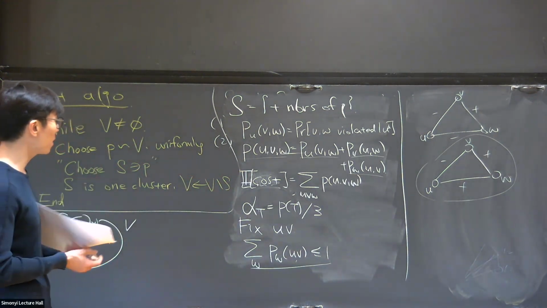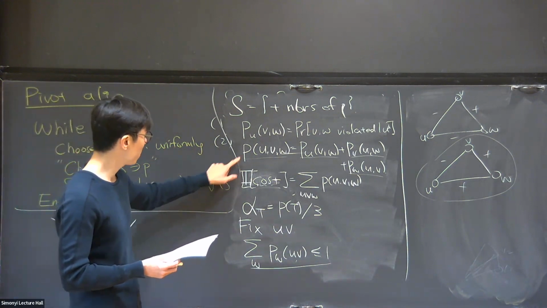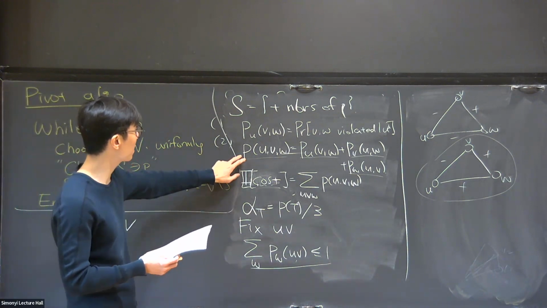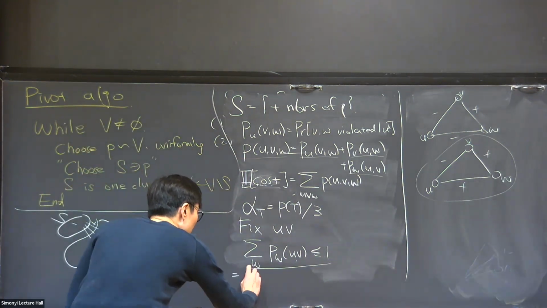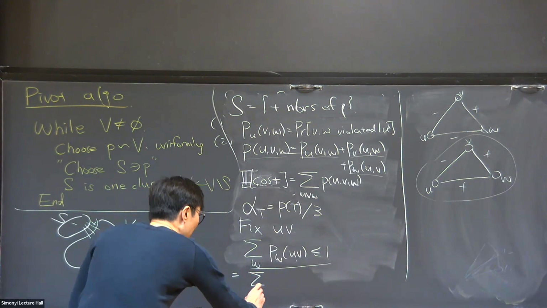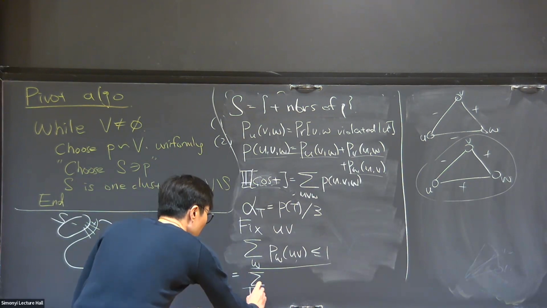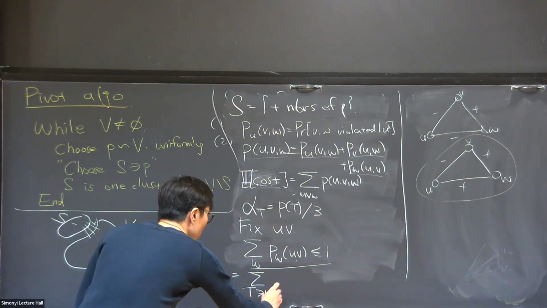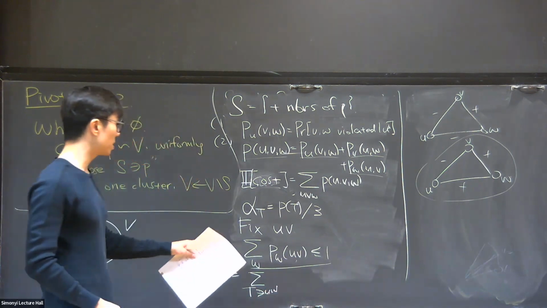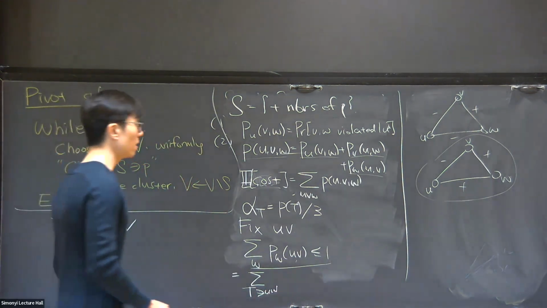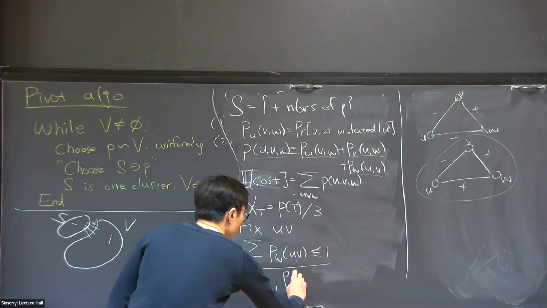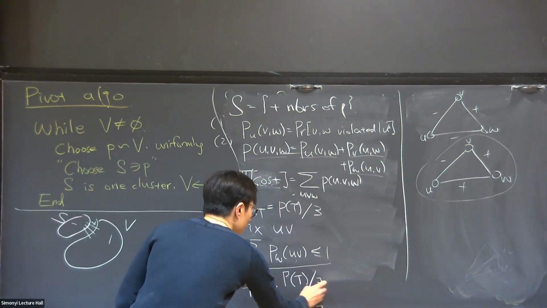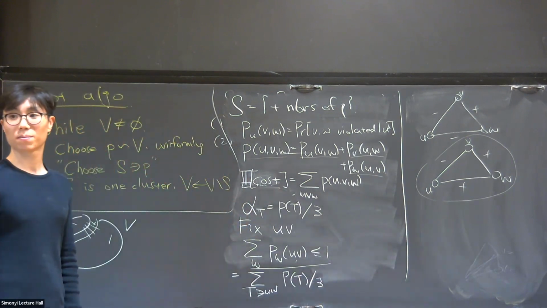But by this equality, basically we are summing over all the bad triangles containing UV, and P sub WUV is exactly P of T divided by 3, because they're all the same.